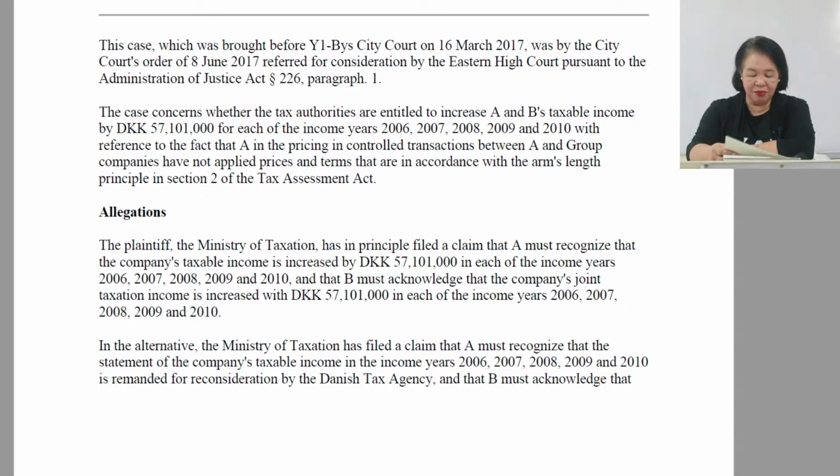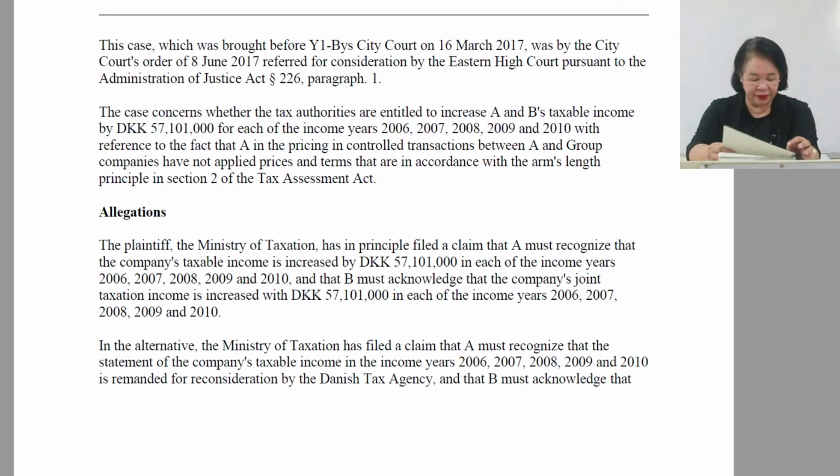And that B must acknowledge, no? Yun yung sabi ng Ministry of Taxation. Must acknowledge that the company's joint taxation income is increased with Dennis Krohn 57,101,000 each of the income years 2006, 7, 8, 9, and 10. No? So, pinapadagdagan yung income.